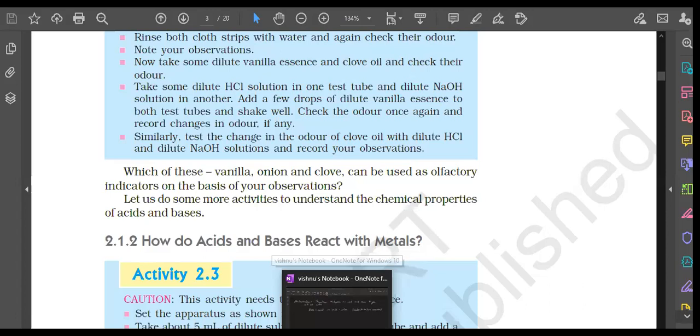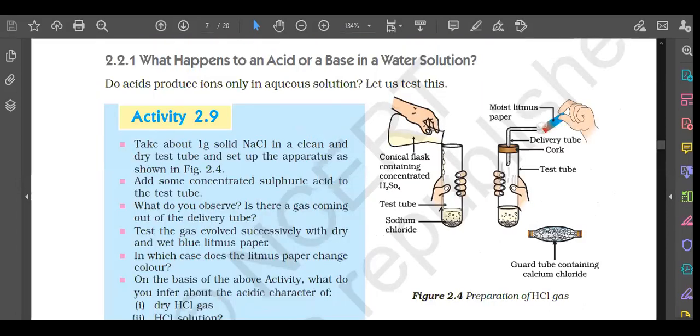Now we have a question over here. This one. What happens to an acid or a base in a water solution? Tell me, if you add your acid or base in water solution, what will happen?